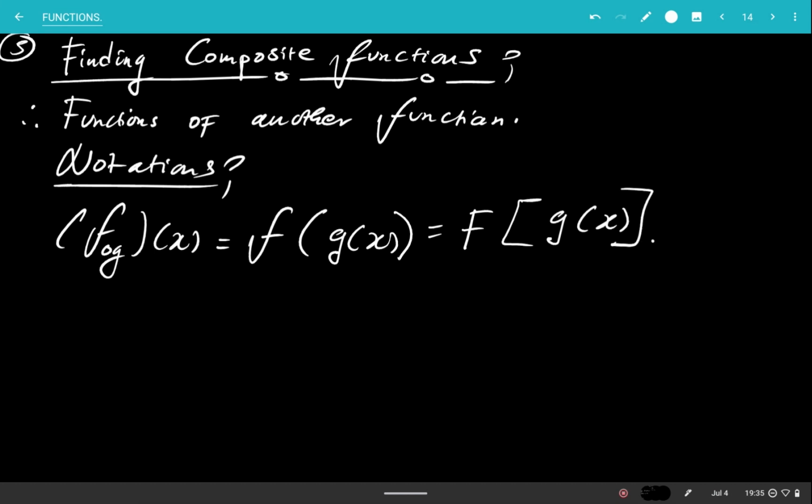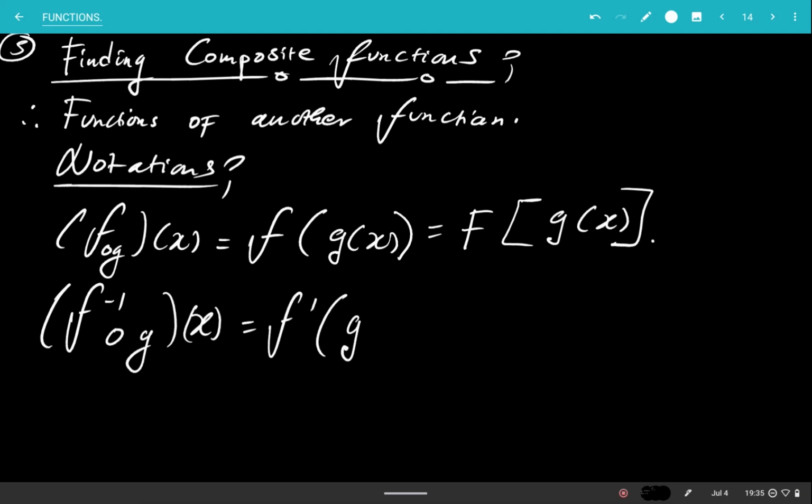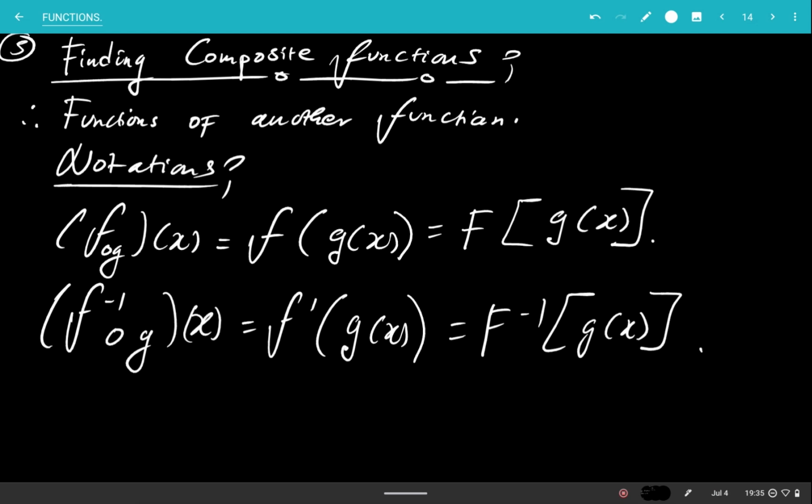Sometimes you could also find questions that look like f inverse of g of x. This simply means that you have f inverse of g of what? x, or f inverse of g of x. That's what I mean.